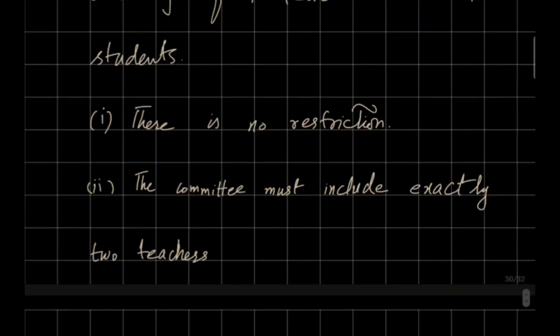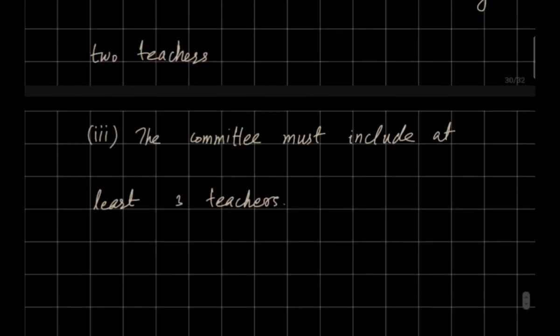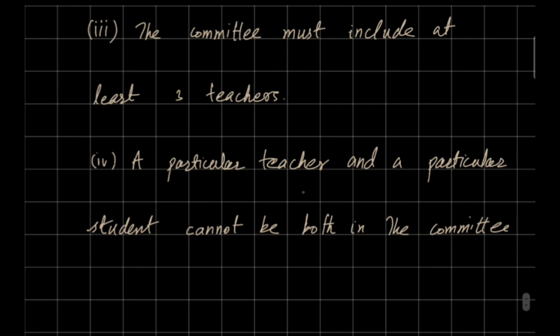Number 2, the committee must include exactly 2 teachers. Number 3, the committee must include at least 3 teachers. Number 4, a particular teacher and a particular student cannot both be in the committee.